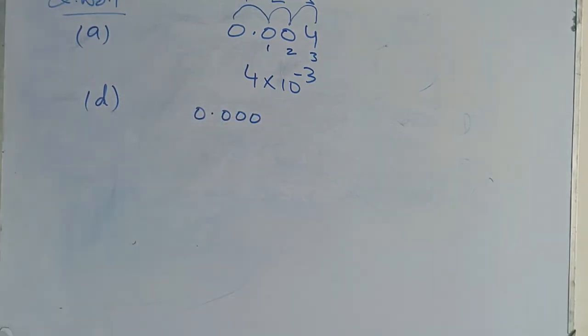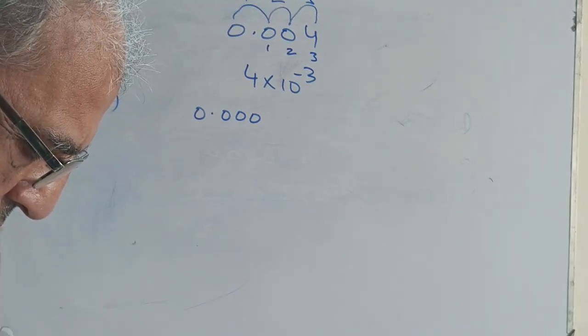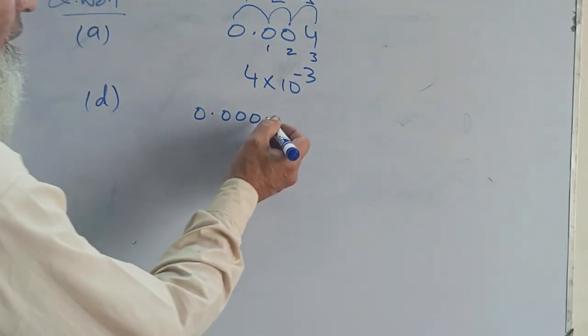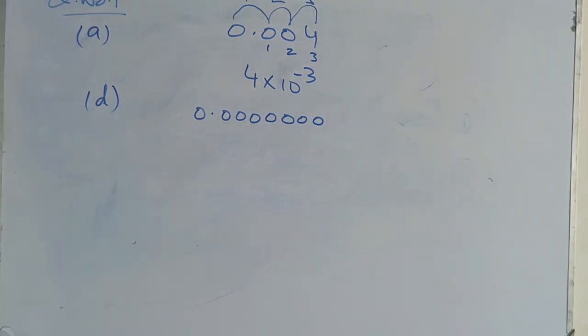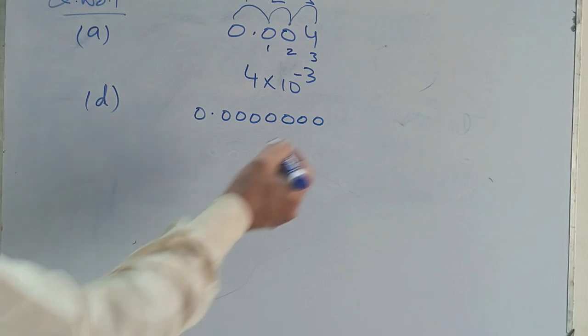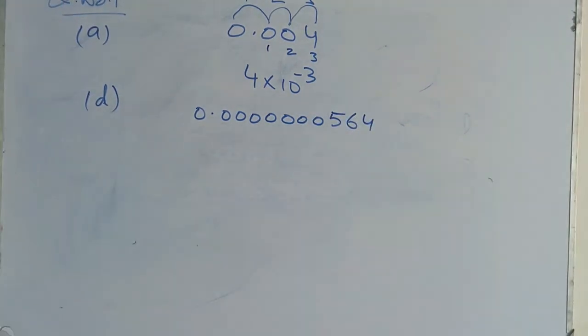How many zeros are there? 7 zeros are there, I hope. 3, 4, 5, 6, 7 zeros, and 564 is written ahead of the zeros. It is very easy again.